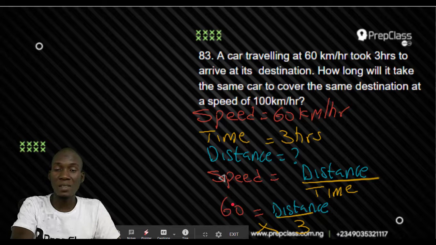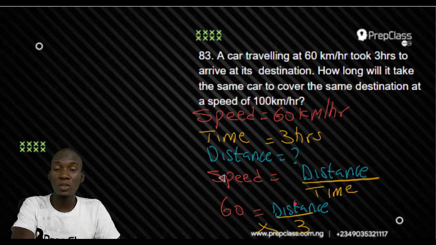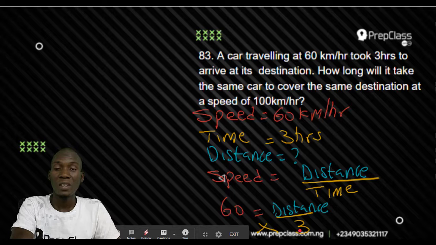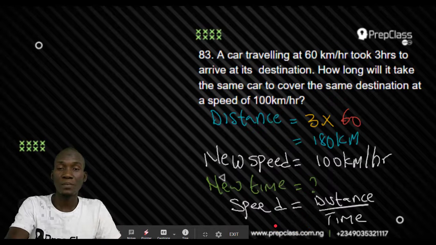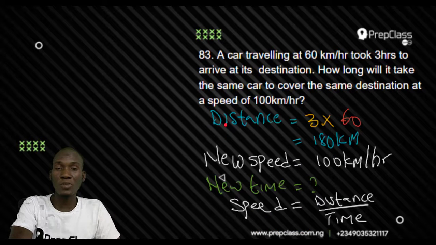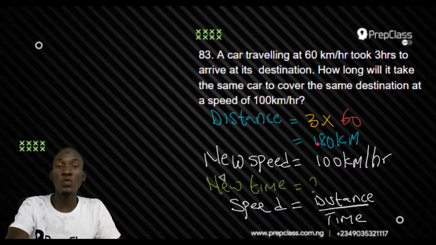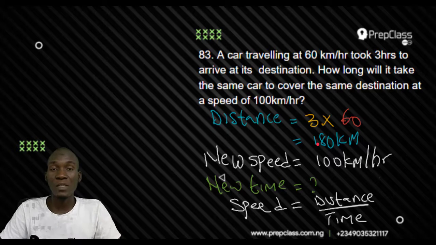The speed is 60 equals distance, which is unknown, divided by time, which is 3. Now we cross multiply. So distance equals 3 multiplied by 60, and that is 180 kilometers. So the car traveling at 60 km/h has covered a total distance of 180 kilometers in 3 hours.